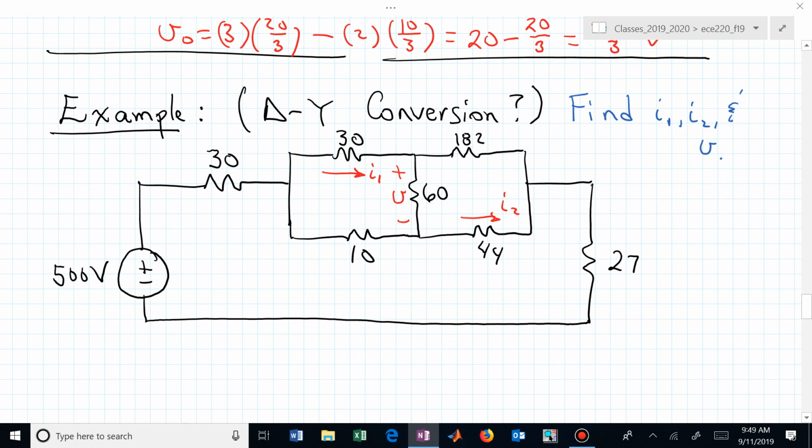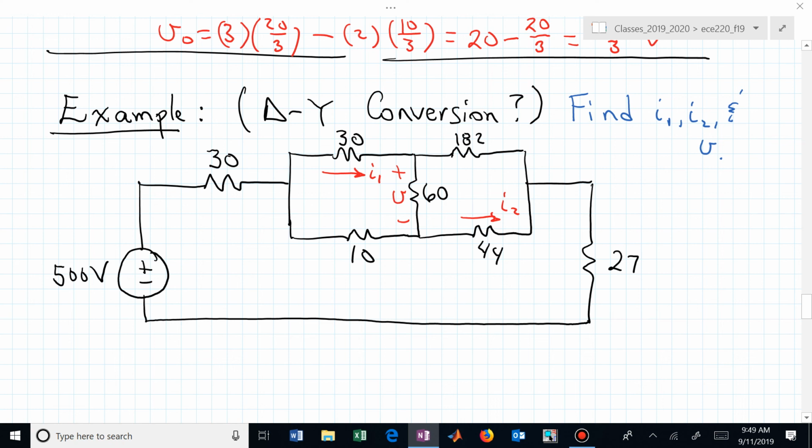So how do we solve this in a few minutes? What's the thought process? And you can do this now at home. We're probably going to have to do a delta, well, I gave it away, didn't I? A delta Y conversion. Why don't we convert that leftmost piece of the bridge network into a Y?